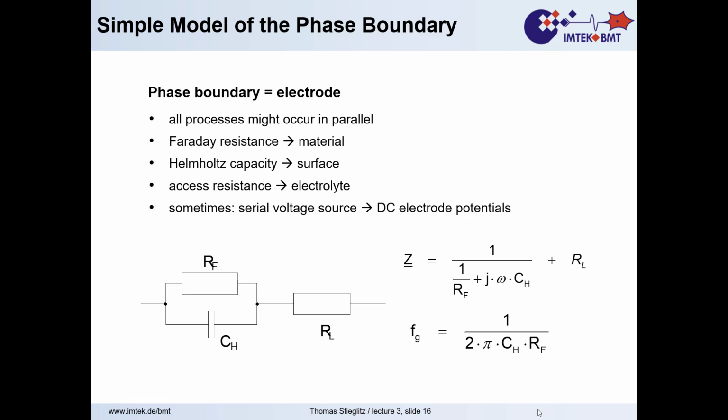That part of the electrolyte can be modeled as a resistance in series, and you either find it in literature as RL, where L stands for lead, or you find it as RA, where A stands for access.